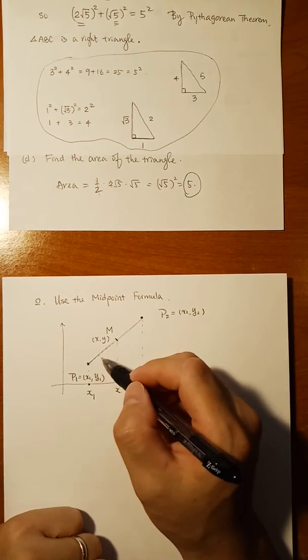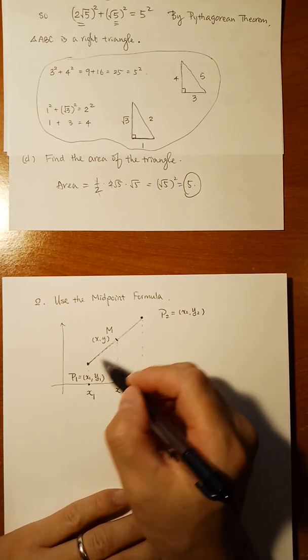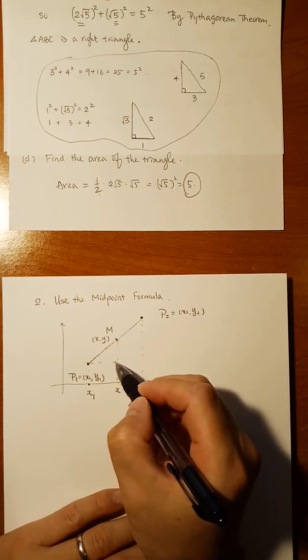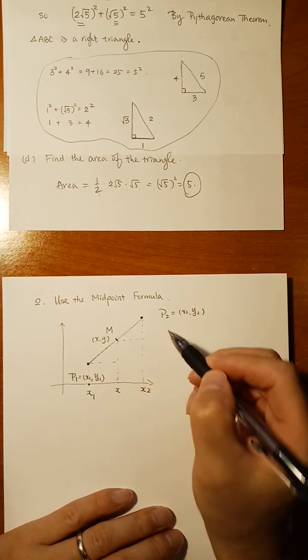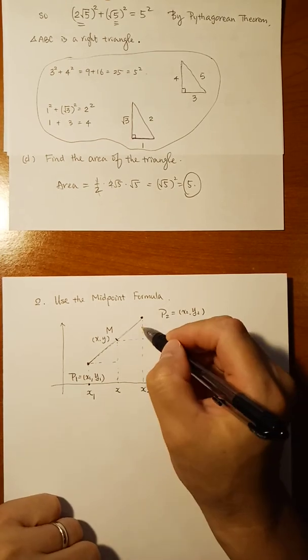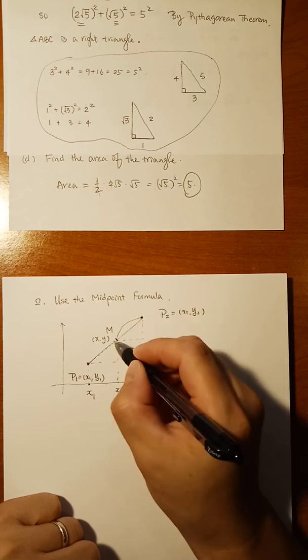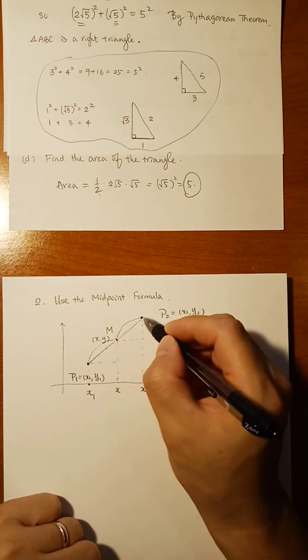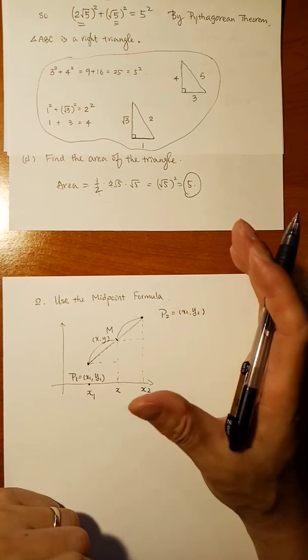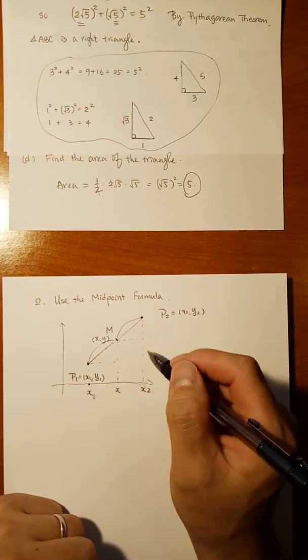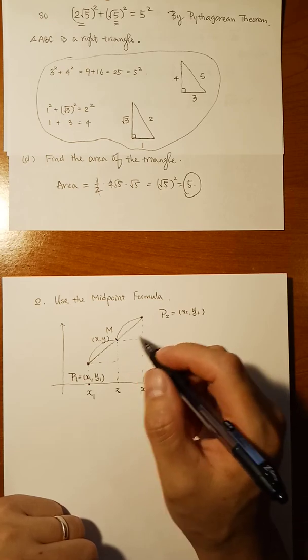Well, you have the midpoint, halfway between them. If you get this right triangle, you see here, these two segments are equal. That's exactly the middle point, halfway, right? And these two triangles are identical, and sometimes they call it congruent.